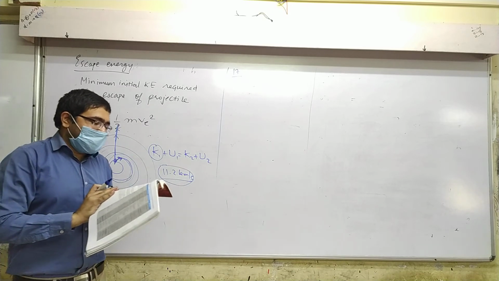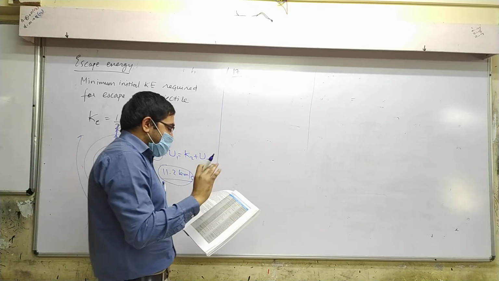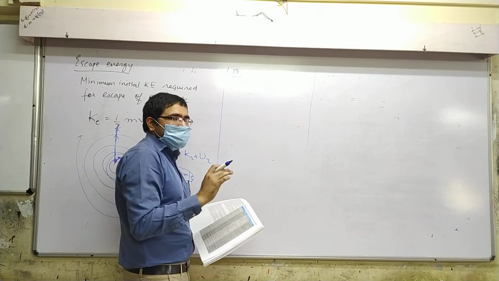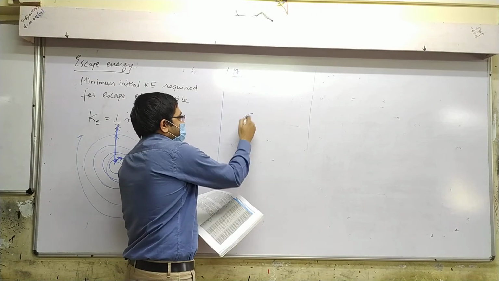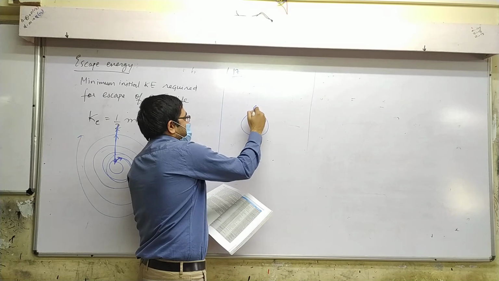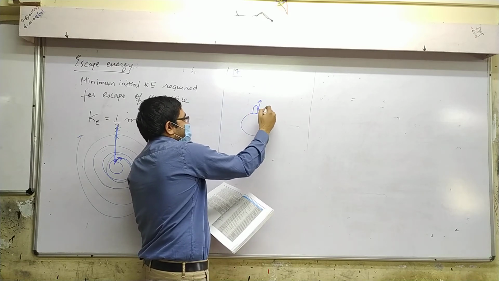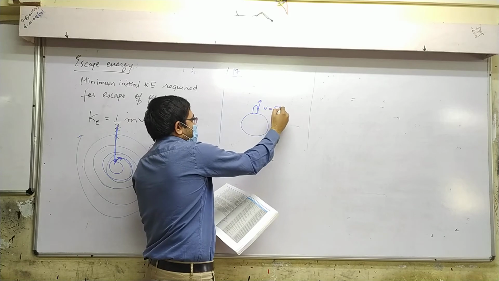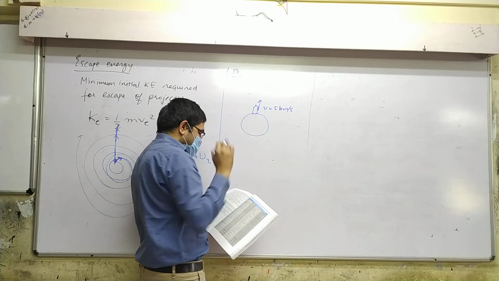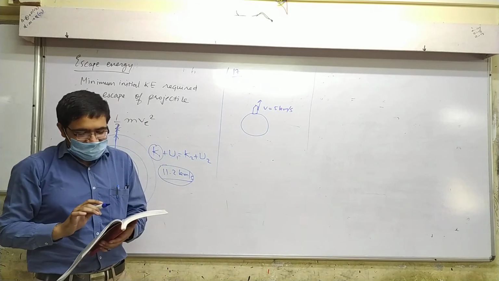Okay. A rocket is fired vertically with a speed of how much? 5 km per second. So here is a rocket and we fired it vertically with how much speed? 5 km per second. Now what does the question say?